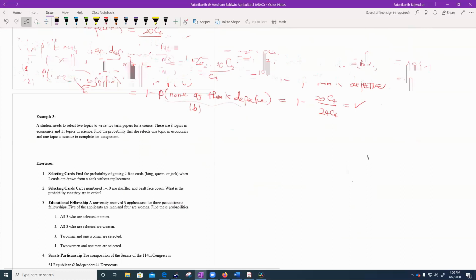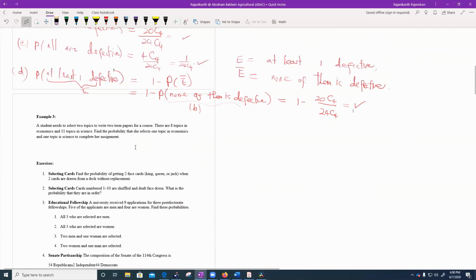So now let's move to the next one. A student needs to select 2 topics to write 2 term papers for a course. There are 8 topics in economics and 11 topics in science. Find the probability that she selects one topic in economics and one topic in science to complete her assignments.